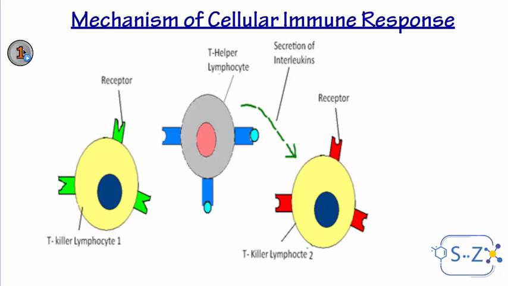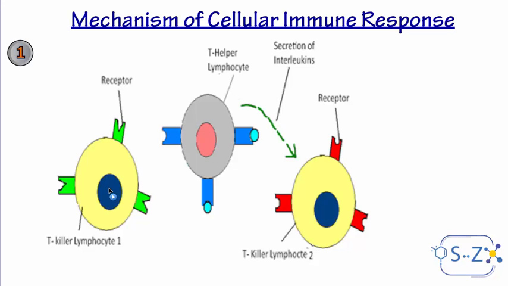First of all, when the T helper lymphocyte is activated, it has not only to choose the T killer lymphocyte or the B lymphocyte, it has also to choose the specific T killer lymphocyte. We have in our body hundreds of T killer lymphocytes. Each T killer lymphocyte is specific for a certain cellular antigen.